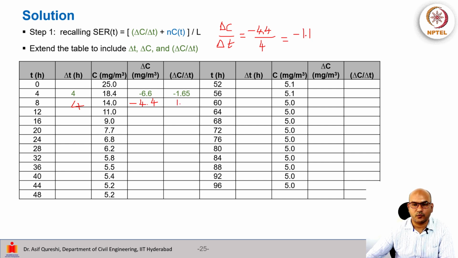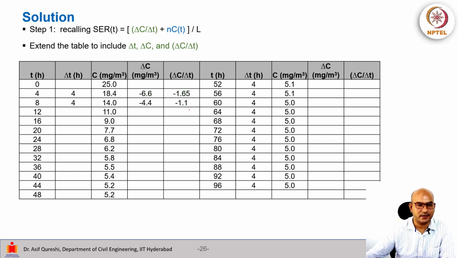So we can put 1.1 here. So I will change this. So we have 4, minus 4.4 and minus 1.1.